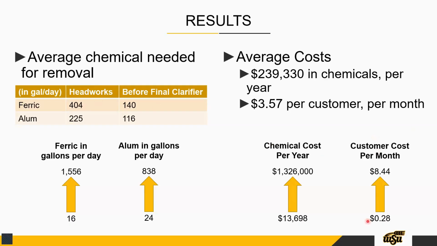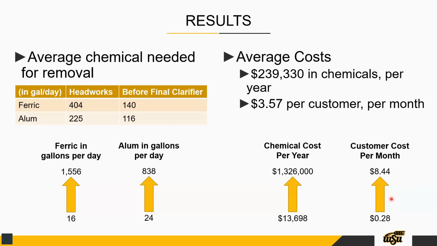Part of this effort, we looked at having the cost per customer per month. So not per person, but per connection. The lowest was 28 cents per customer. That's something you probably would really consider if your plant's otherwise working well. The other one's at 8.44. That is beginning to get to the cost of a new facility on a state revolving loan fund type of system.